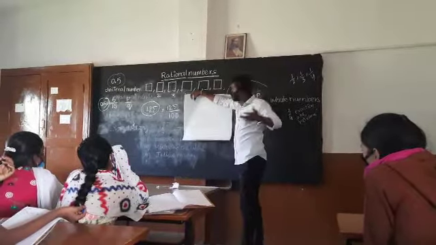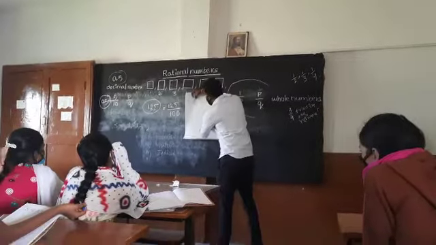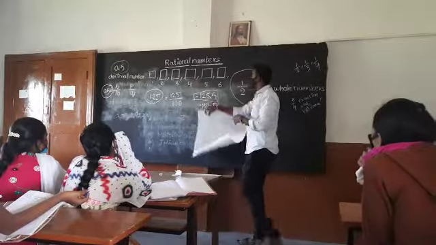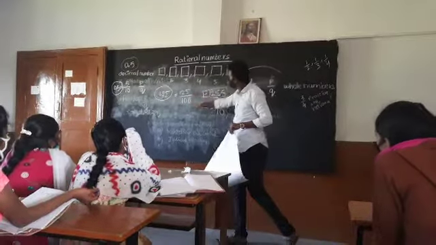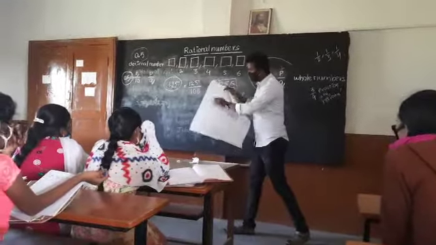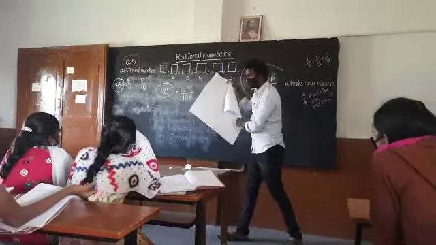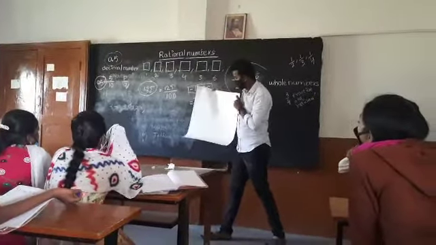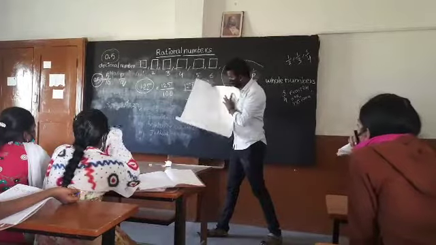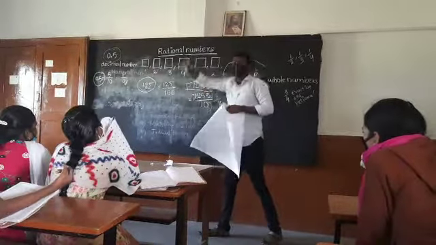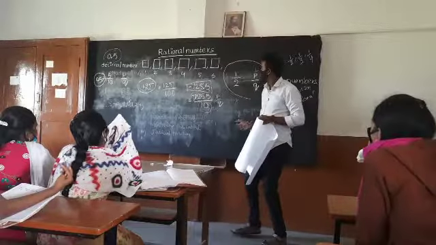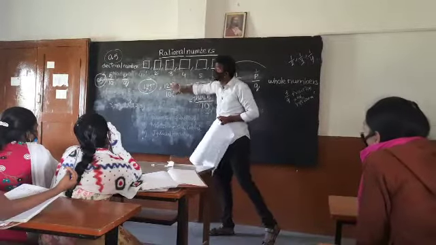What extra do rational numbers have apart from Z? The fractions, the decimals which can be expressed as p by q. That is what this yellow region is. These rational numbers already have the integers, whole numbers, natural numbers, and in extra, they have these p by q expressible terms.